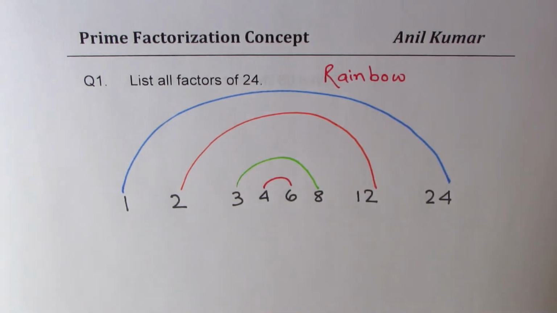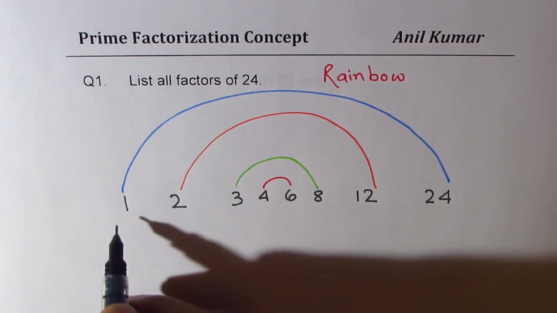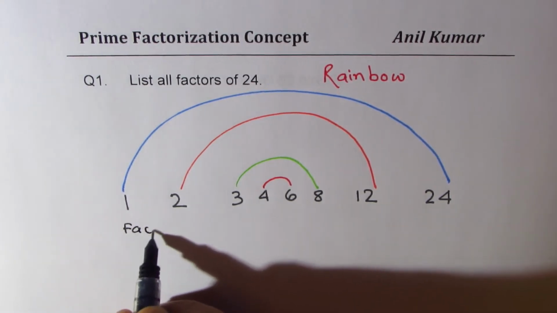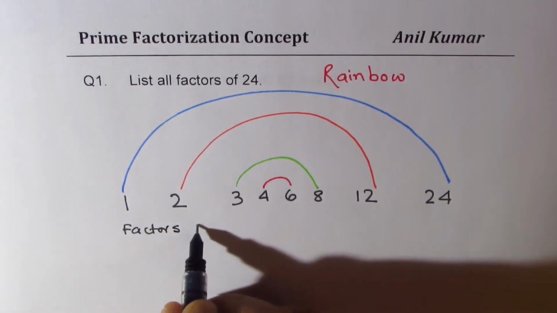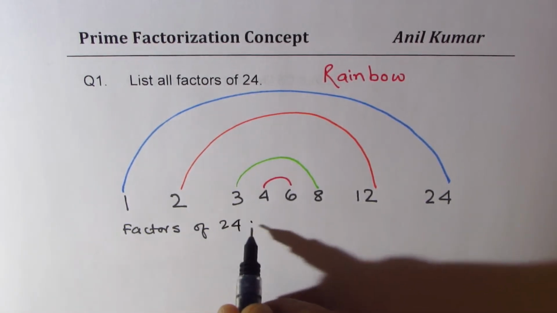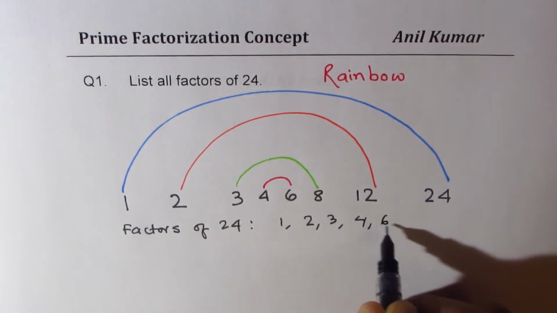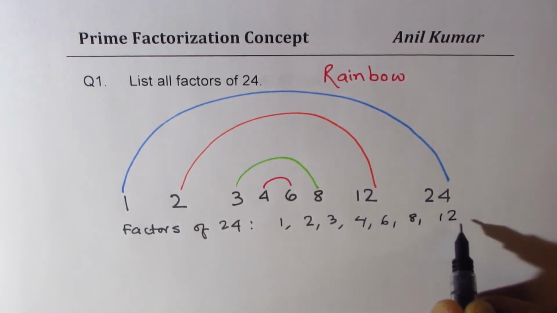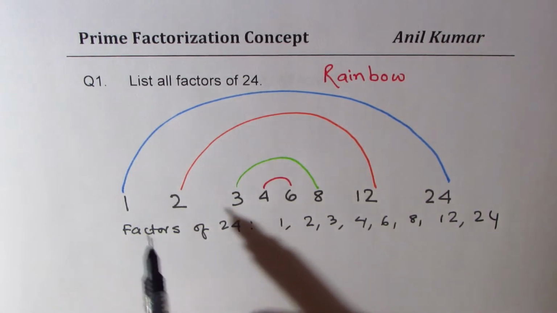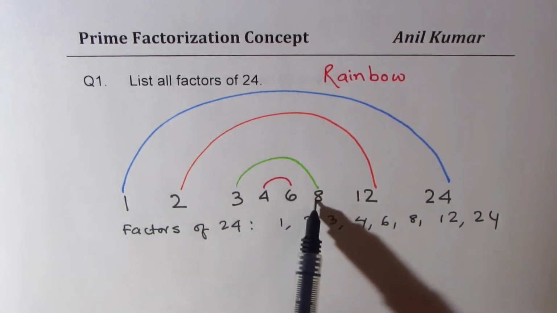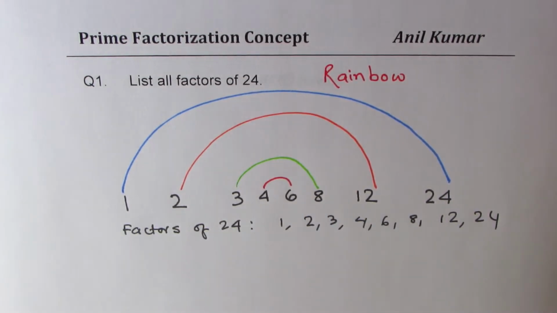So these are all the factors. If you list like this, you're not going to miss any. So factors of 24 are 1, 2, 3, 4, 6, 8, 12 and 24. There are 1, 2, 3, 4, 5, 6, 7, 8 factors of 24.